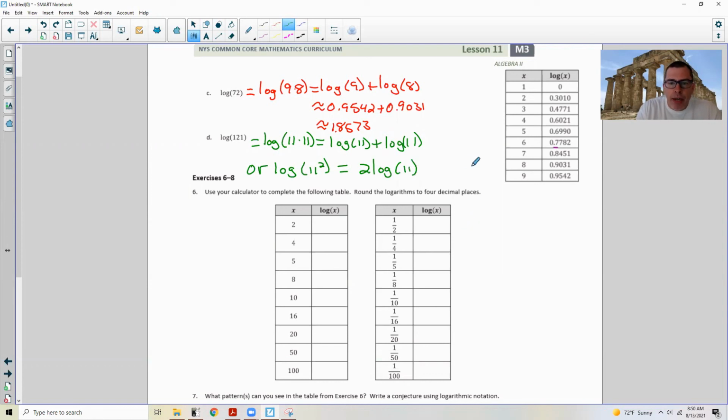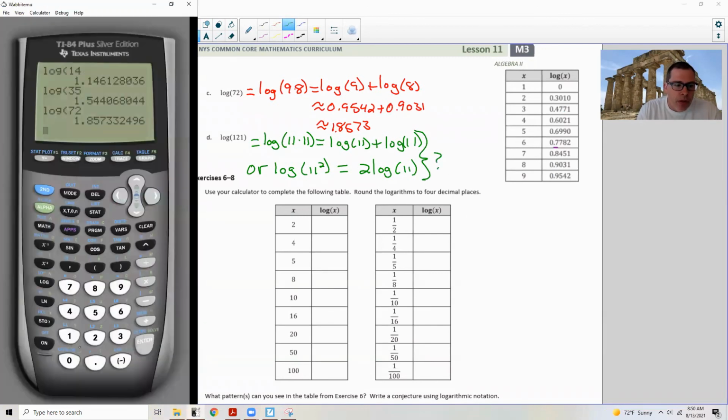All right, either way, we don't have a value that is 11 on our table, so we can't do that without the calculator. So the log of 11 plus the log of 11 is 2.082, and I could do 2 log 11 and get the same answer, or I could do log of 121 and still get the same answer.